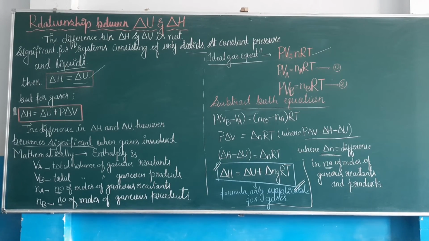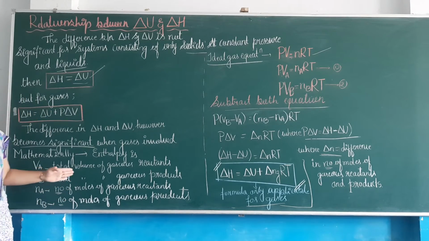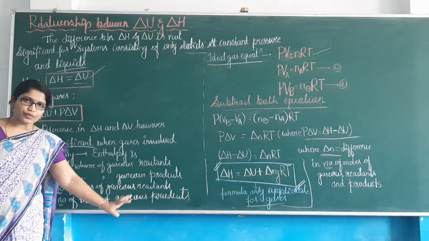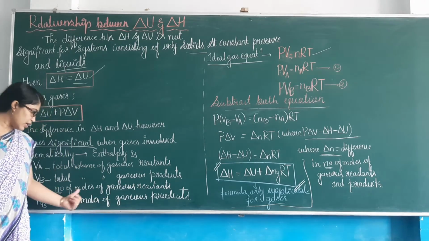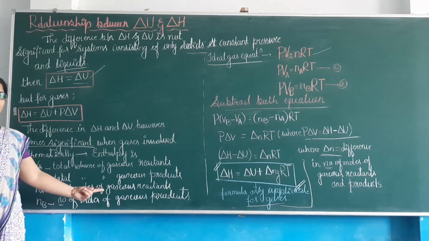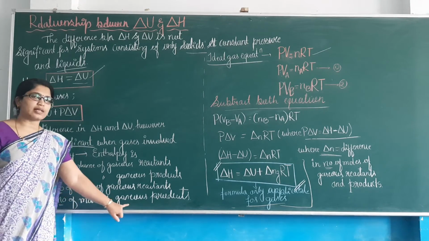So it is clear here that V is nothing but the total volume of the gaseous reactants, as I have already told you. VB is the total volume of gaseous products. Similarly, Na is the number of moles of gaseous reactants and respectively Nb is the number of moles of gaseous products.